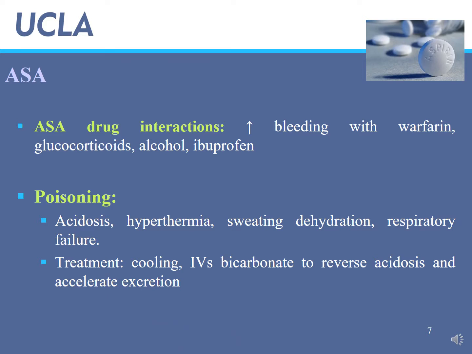Now, drug interactions. Because of the anti-aggregant property, there is a higher risk of bleeding when it's associated with warfarin or other NSAIDs like ibuprofen. If you have two drugs that have the same property, you have a higher risk of a combination of adverse effects. Also with glucocorticoid and alcohol. Then poisoning, because it's an acid, it would cause acidosis and then lead to hyperthermia, sweating, dehydration, and ultimately respiratory failure.